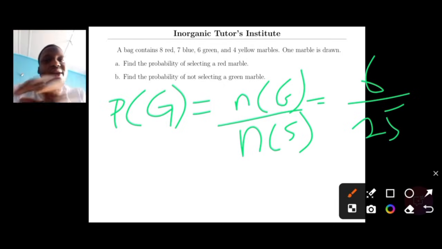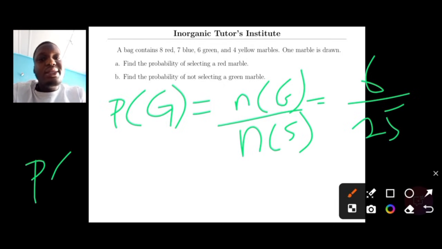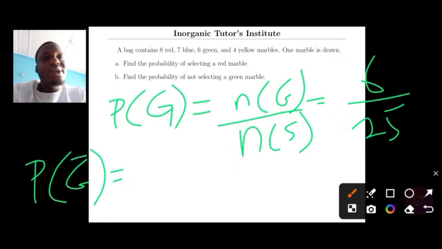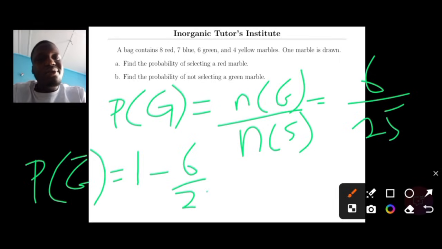So that's the probability of green, but we are asked for the probability of not being green, which is 1 minus green.